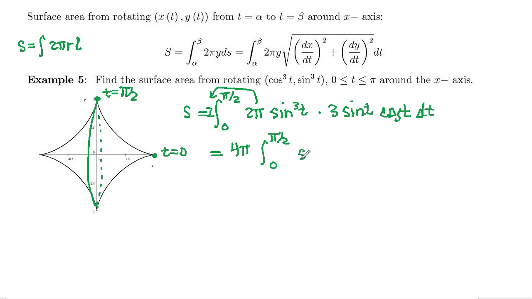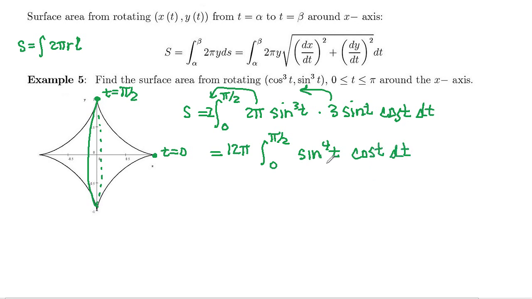And actually you can pull that 3 out also. So 3 times 4, 12, 12 pi. And then we've got sine cubed and sine, so that'll be 4 factors of sine, so sine 4th t and cosine t. And this is a trig integral.